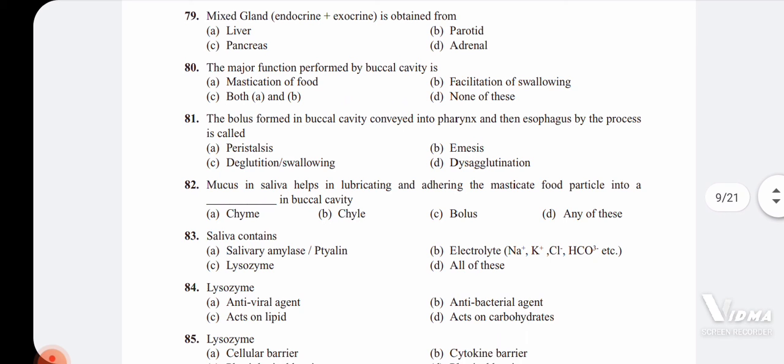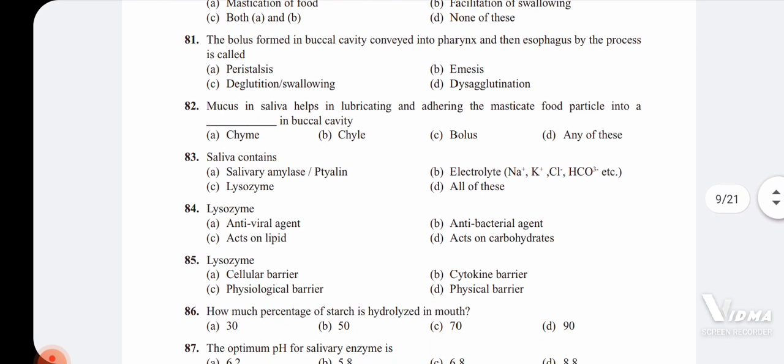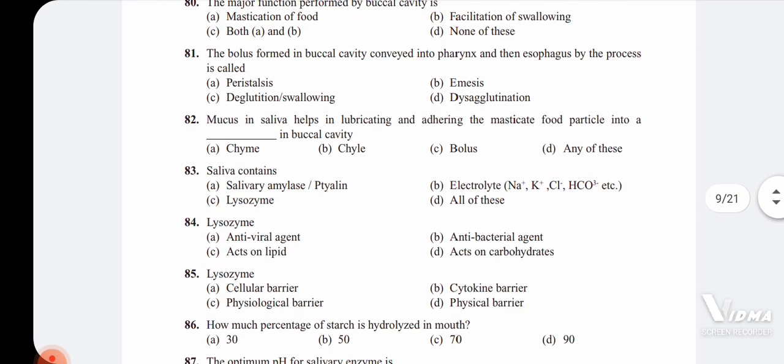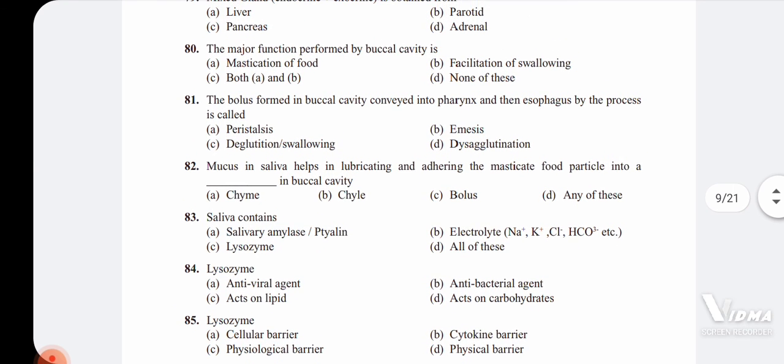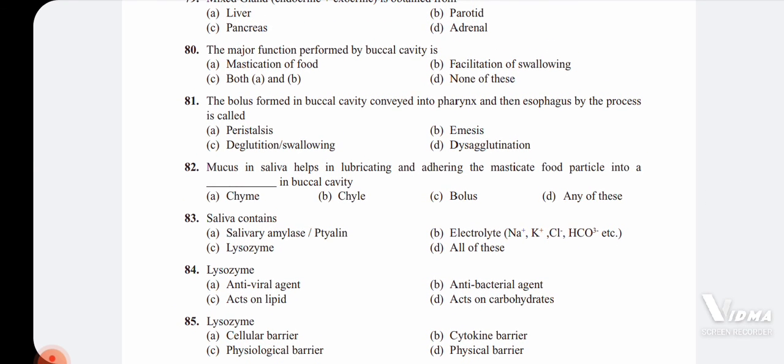Next, 81 question, the bolus formed in buccal cavity is conveyed to pharynx and then esophagus by the process called. So what is the bolus?